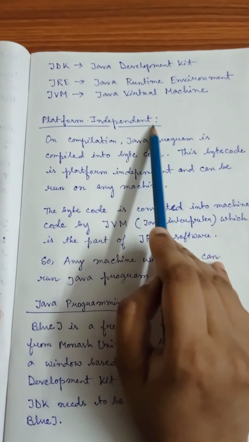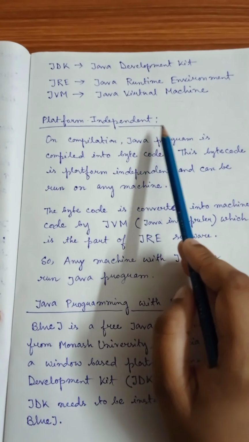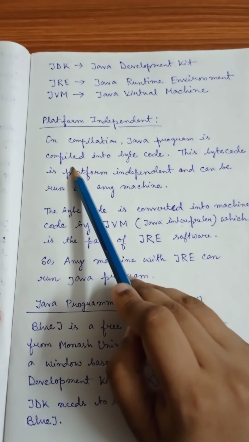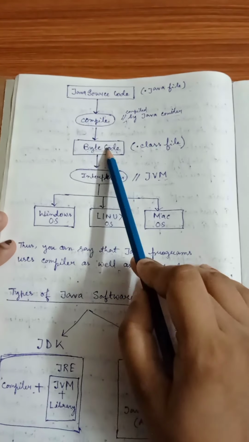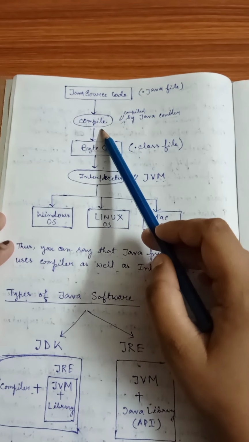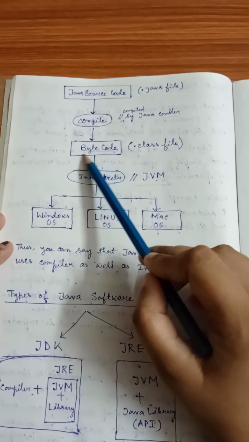Next is platform independent. Java is a platform independent programming language. On compilation, Java program is compiled into bytecode, like here. After compilation of source code, it produces a bytecode.